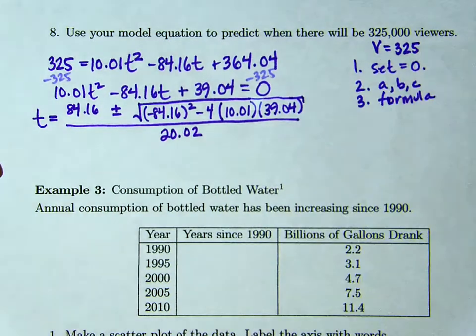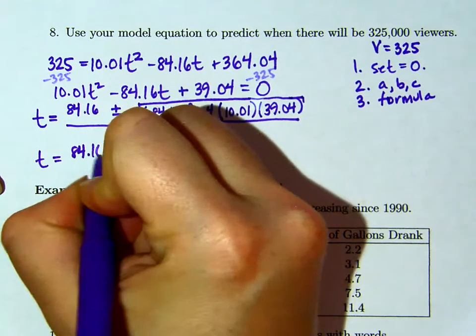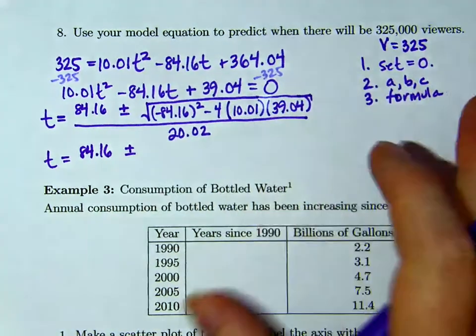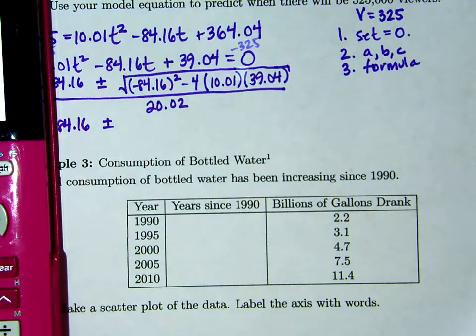Woo! Okay. So t equals 84.16 plus or minus, and now I'm going to do this entire radical here. So square root of parentheses negative 84.16 squared minus 4 times 10.01 times 39.04.